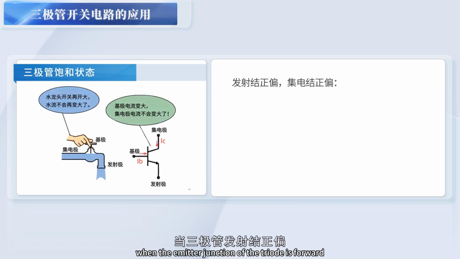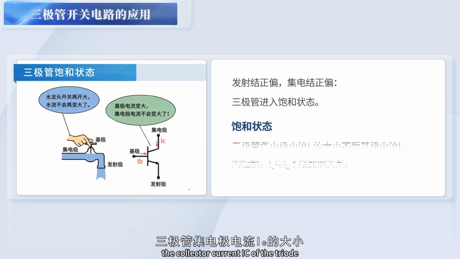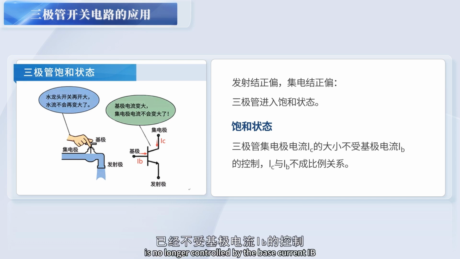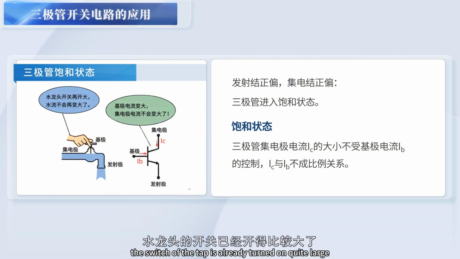When the emitter junction of the triode is forward biased, the triode operates in the saturation state. In the saturation state, the collector current IC of the triode is no longer controlled by the base current IB. IC is no longer proportional to IB. This is equivalent to the tap being already turned on quite large.